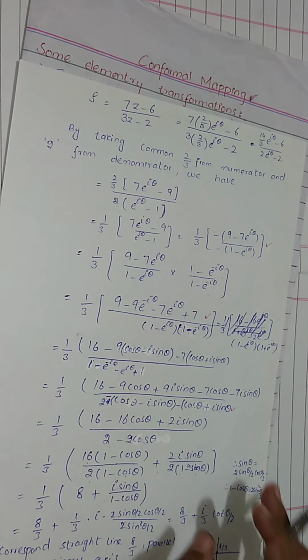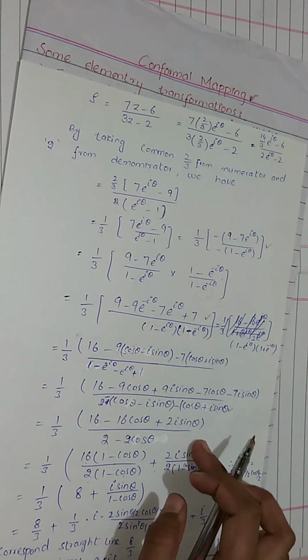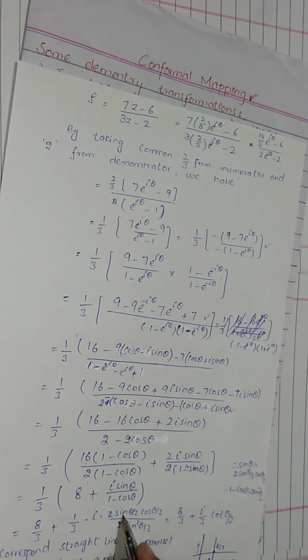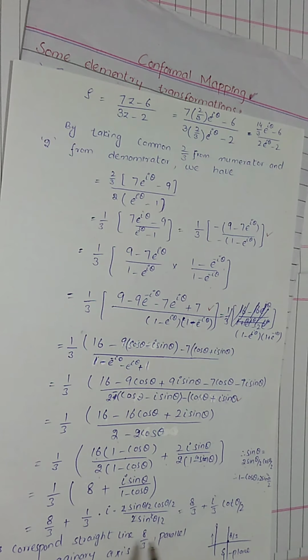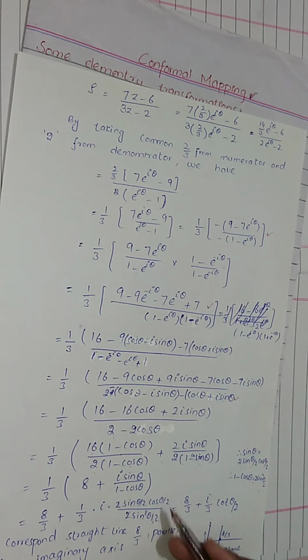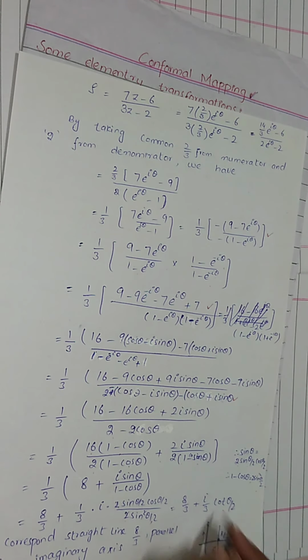Just put the sin theta and 1 minus cos theta values in this. We have iota 2 sin theta by 2 cos theta by 2 over 2 sin square theta by 2. 2 cancels by 2 and sin theta by 2 cancels by sin square theta by 2. So we have cos theta by 2 over sin theta by 2, and cos by sin is equal to cot theta by 2.